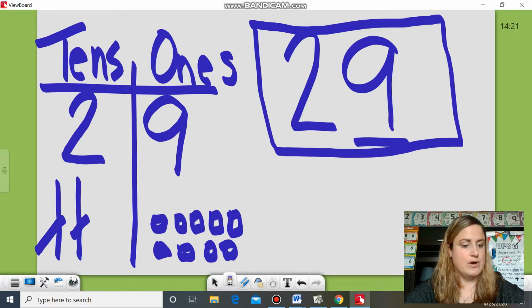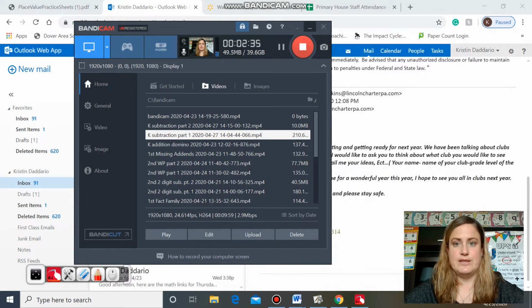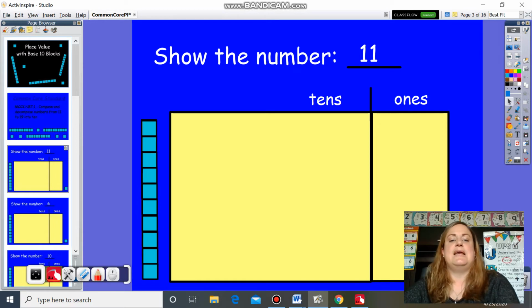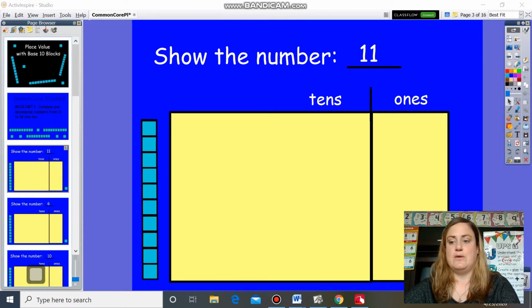All right, I'm going to move on to a different screen, which shows some more practice with tens and ones. Here I have my tens and ones blocks, and it wants me to show the number 11. If I look at 11, automatically I know this is a 2-digit number because there are 2 numbers. The ones place is always on this side, just like in my mat, and the tens place is always on this side.